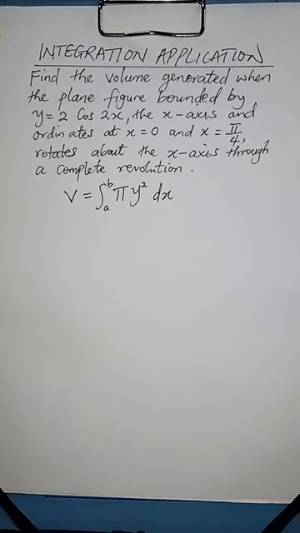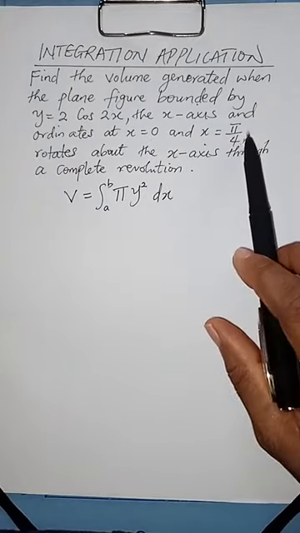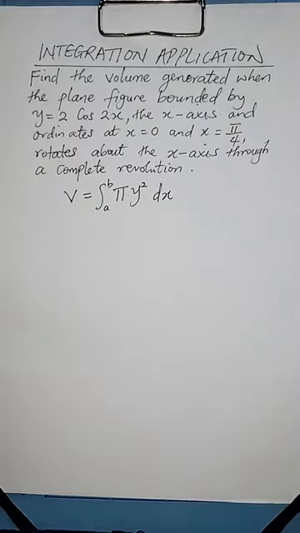So how do I use this formula to solve this particular integration application question? Well, it's very easy. Just apply the formula using the equation you are given. Recall, it is bounded from 0 to pi over 4, so you're given a radian.